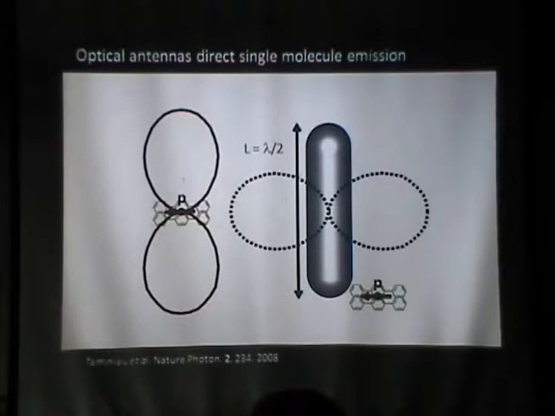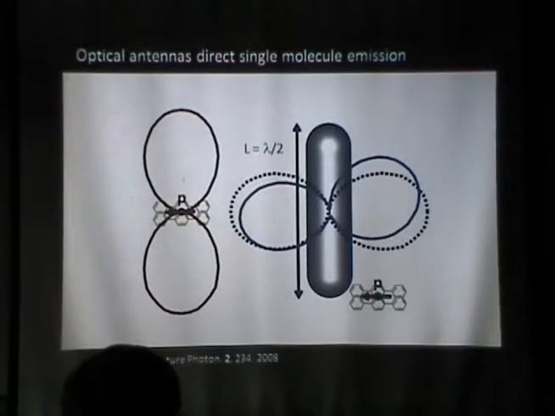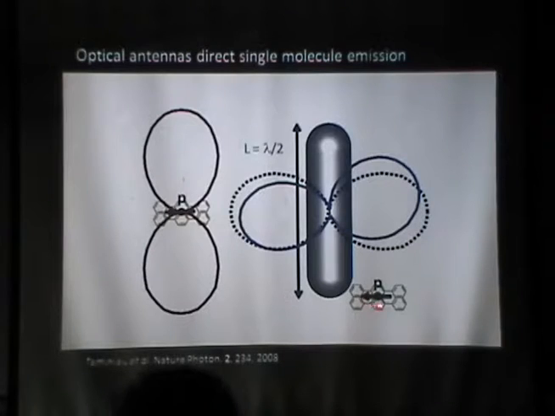We can calculate this, it's a simple calculation, and we see the result is this. So what's going on? If we put this molecule in the right position with respect to a metallic nanoparticle, we can rotate almost by 90 degrees the angular pattern of a molecule. So the same molecule free will emit in this direction, the molecule coupled to the antenna will emit in this direction.